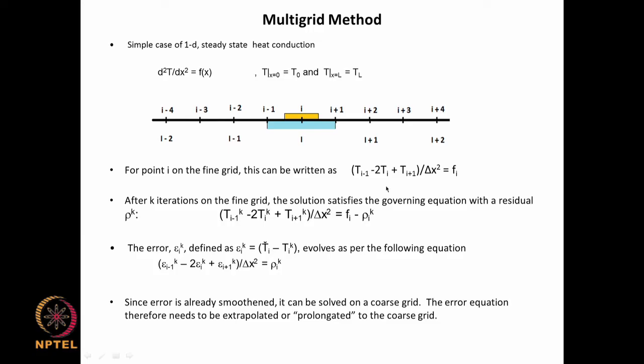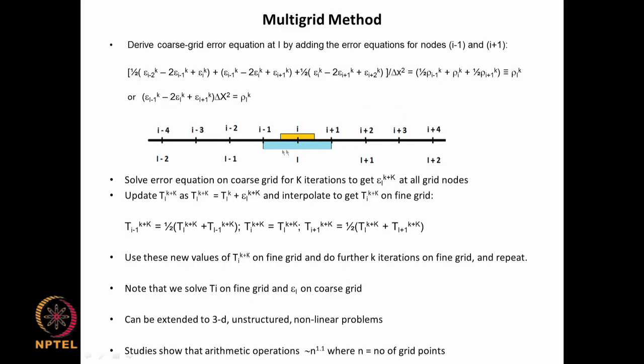At the end of that you again calculate the residual, prolongate it to the coarse grid, and then come back to the fine grid and reduce the error further. So, that is how you go forward.